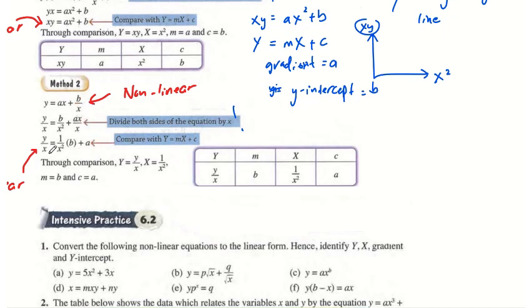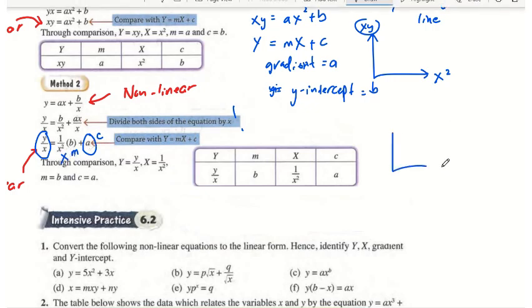You will get, after we solve, y over x equal to b multiplied by 1 over x squared, plus a. And then we compare with y equal to mx plus c. This one will be y over x. The number only, the unknown constant, will be c, the intercept. The other one will be mx. Which one is m? Which one is x? b will be m, and 1 over x squared will be the x-axis. So the graph will have 1 over x squared on the x-axis and y over x on the y-axis.